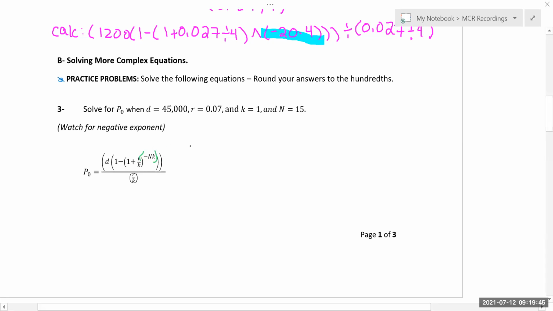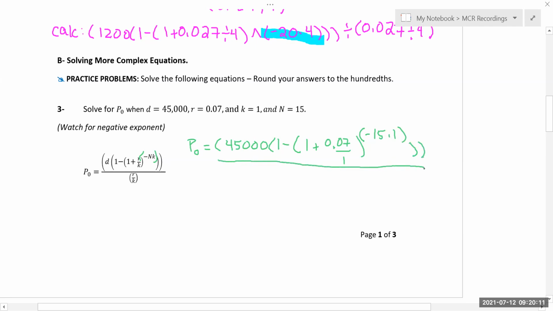So it says PO is equal to, parentheses D, parentheses 1 minus, parentheses 1 plus R over K. And then again, I'm going to raise it to the negative, in parentheses, N times K, close, close. So making sure all my parentheses match. All divided by 0.07 divided by 1.